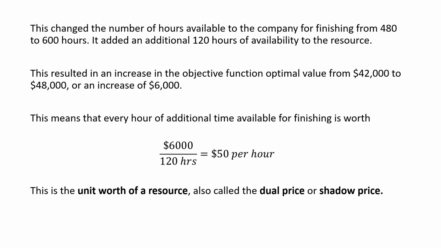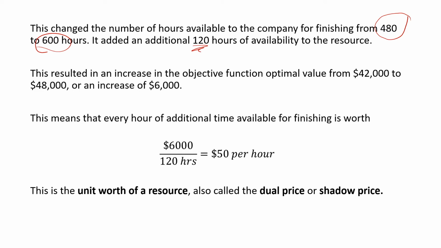But what does this mean? When we increased the size of the feasible region by moving our constraint line, you could be decreasing the size of your feasible region if you had moved it the other way, if you suddenly had fewer hours. What happened? We said that we're changing from 480 to 600 hours. So we've suddenly got 120 more hours. New person working. Give me 120 hours extra.